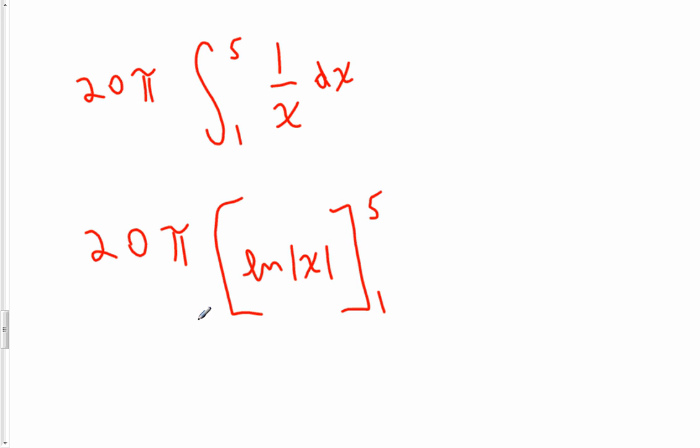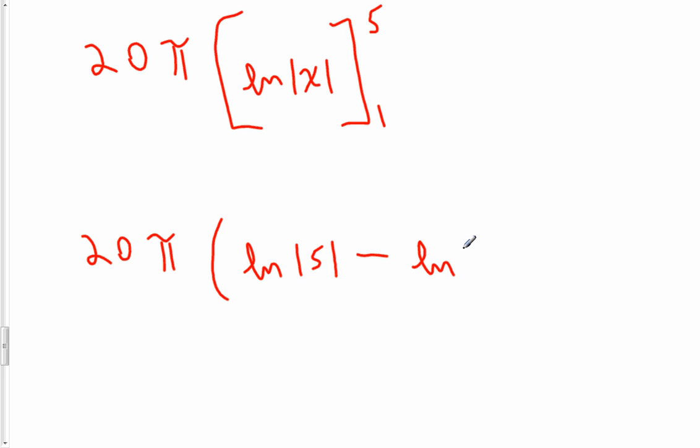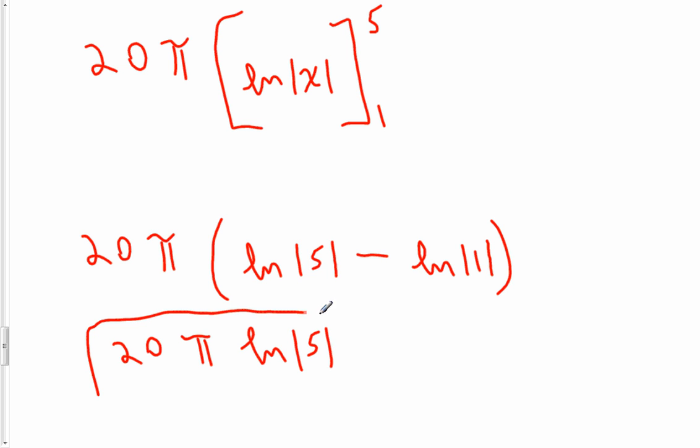Plugging those numbers in, I get 20 pi times the natural log of the absolute value of 5 minus the natural log of 1, which simplifies to 20 pi times the natural log of 5. So 20 pi times the natural log of 5 is the final answer there.